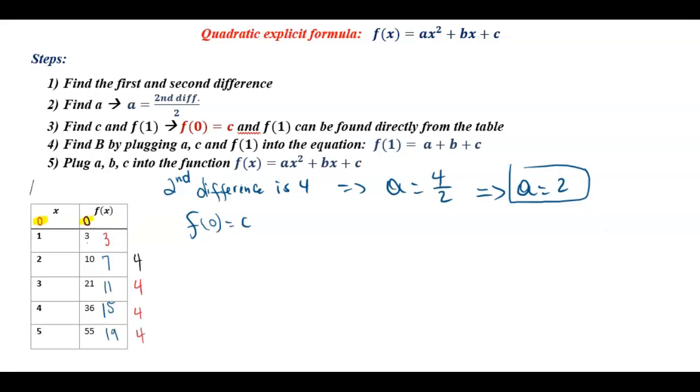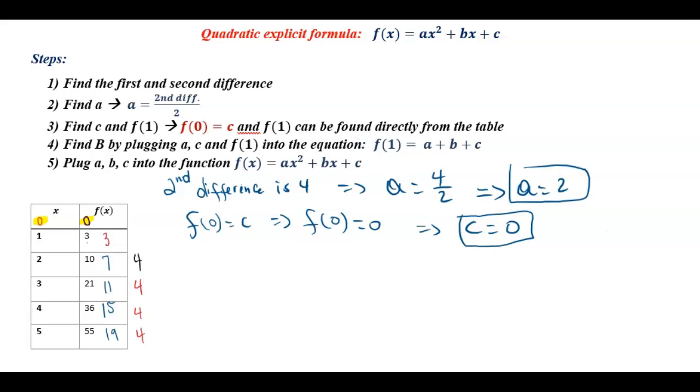So therefore f of 0 is 0, which means C equals 0, because f of 0 is equal to C. So now we have the value of A and the value of C. In this case, A is 2, C is 0.